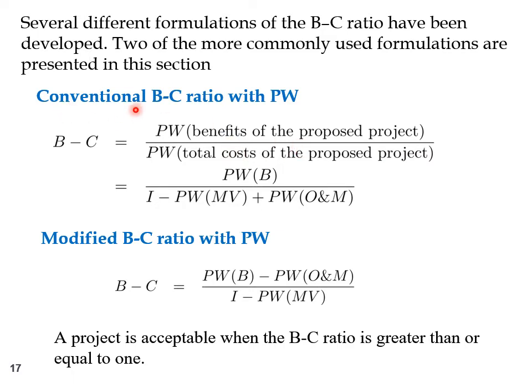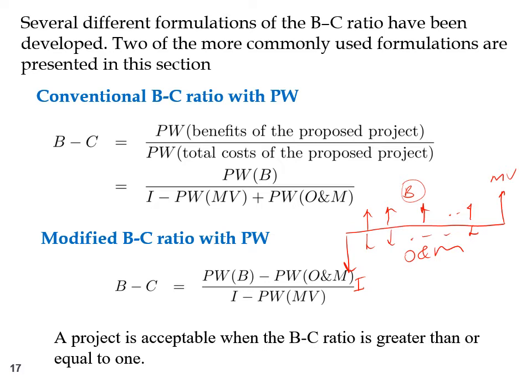In the conventional method, at the top we have these benefits, and in the denominator, we have the initial investment cost. So consider such a project. We have this initial investment, we have this market value or salvage value at the end. At each year, we have operating and maintenance costs, and again, we have these benefits. It can be revenues plus other intangible benefits and so on.